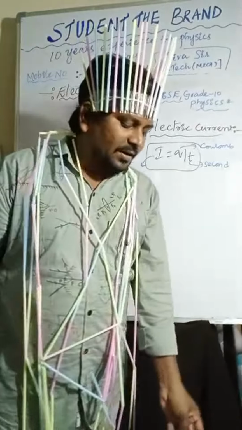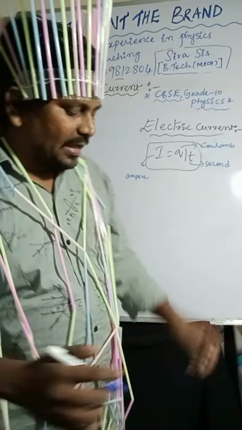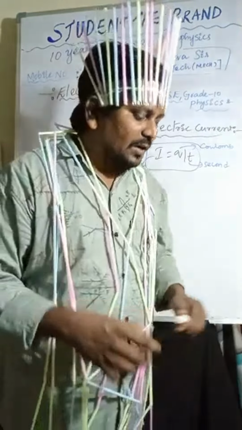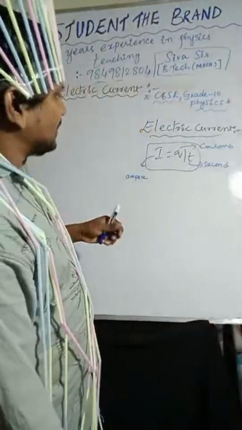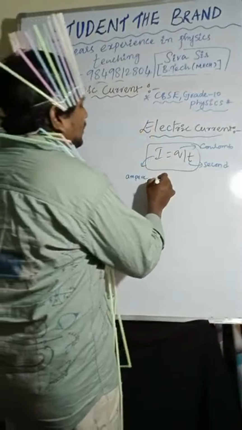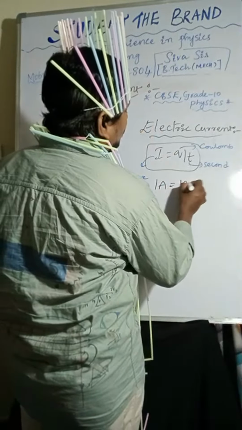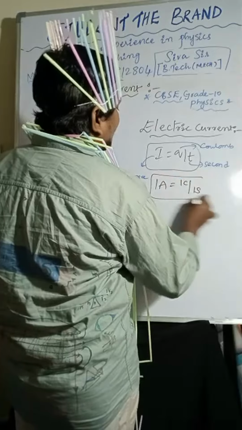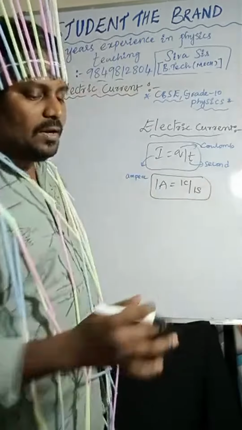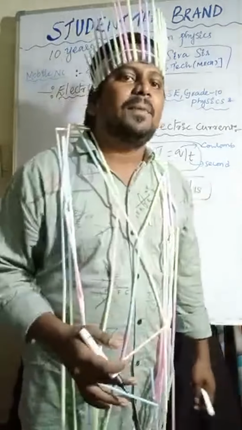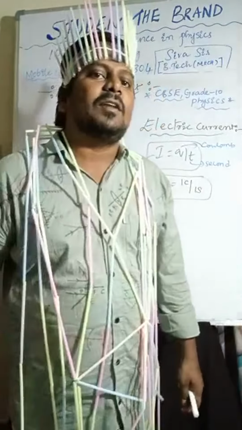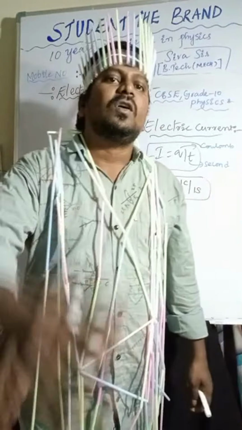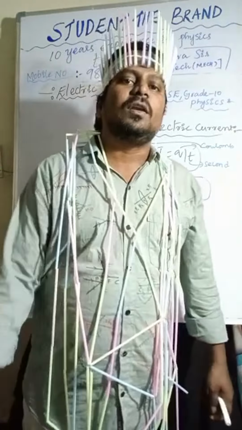So this is about electric current. So 1 ampere equal to 1 coulomb per 1 second.